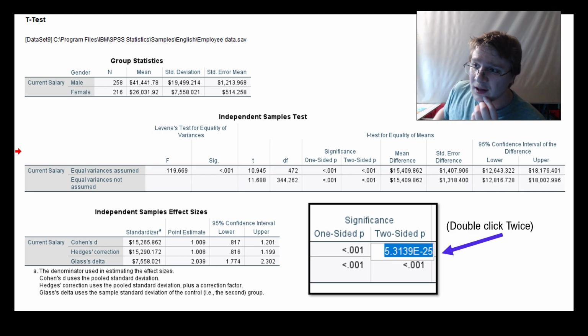Interesting. The standard error mean for each one is going to be bigger the more standard deviation you have.